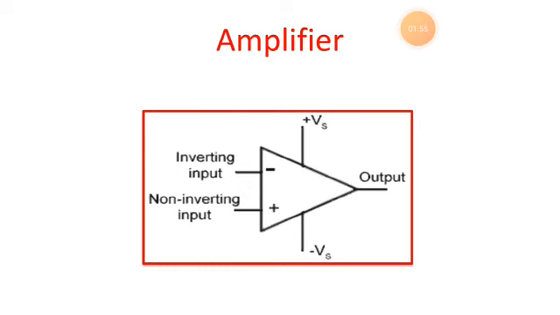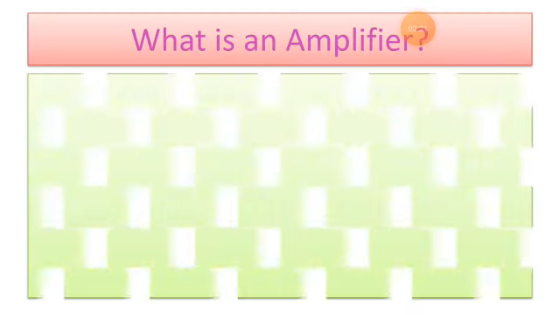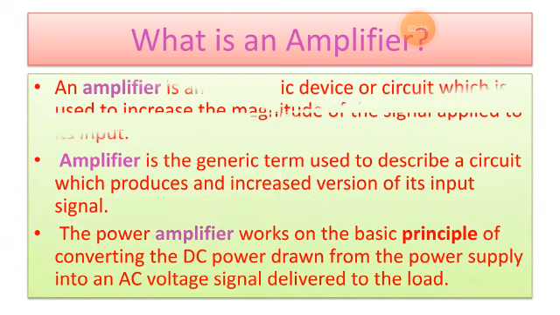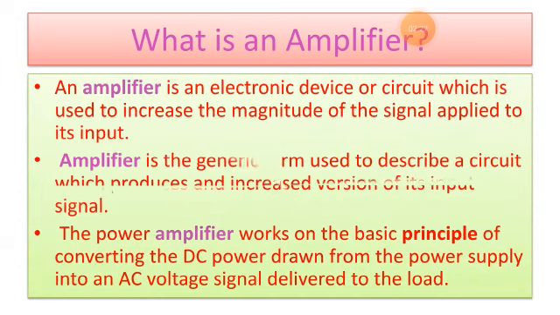See here, there is a symbolic representation of amplifier in electronic circuit, given here. After observing this symbol, we see that we are giving the input and we get output on the other side. So what is this amplifier? Amplifier is an electronic circuit or device which is used to increase the magnitude of signal applied to its input.